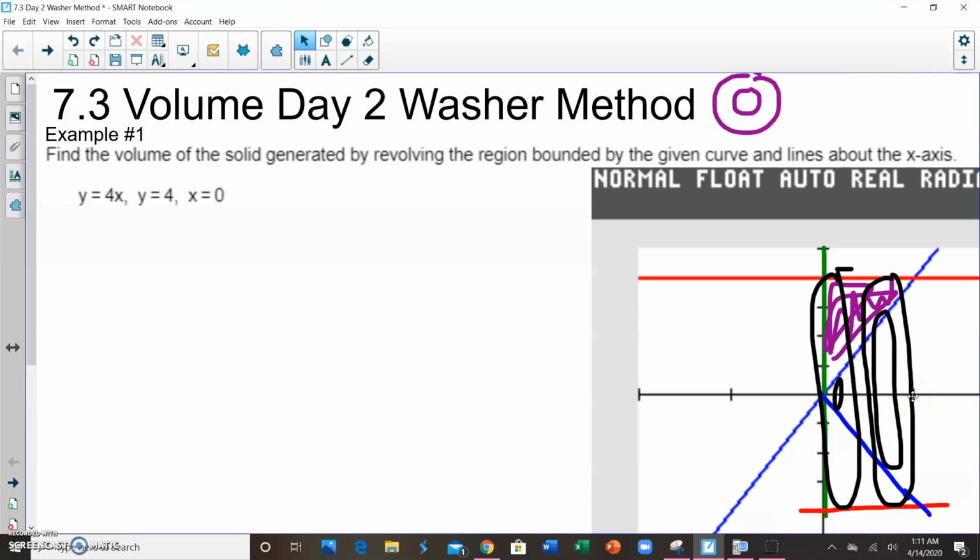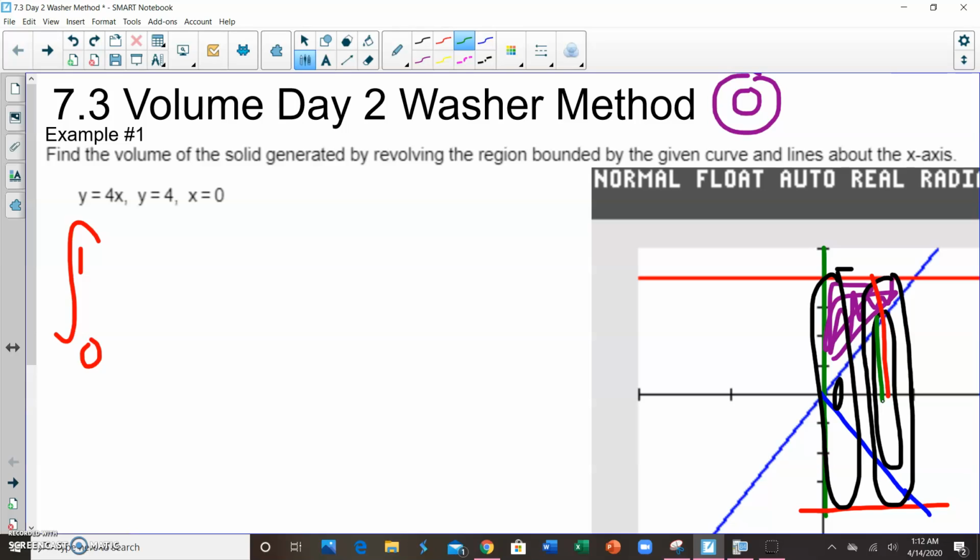If we're going to pile up all those washers, when we integrate, we are going to end up integrating from 0 to 1. And for every single washer problem, you're going to do the outside radius, so we need to figure out what the outside radius is. That would be pi r squared, and we're going to subtract the inside radius.